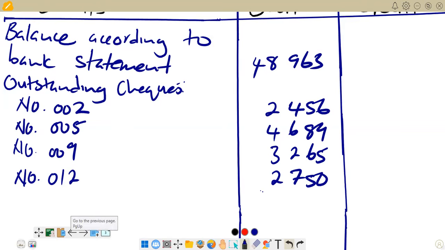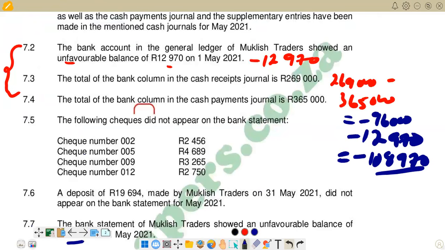They were supposed to be recorded, but they were not recorded. So when you go back to see other adjustments, we have a deposit on 7.6, a deposit of 19,694 made by Mukrish traders on 31 May 2021 did not appear on the bank statement for May 2021. So you can take note of the date.